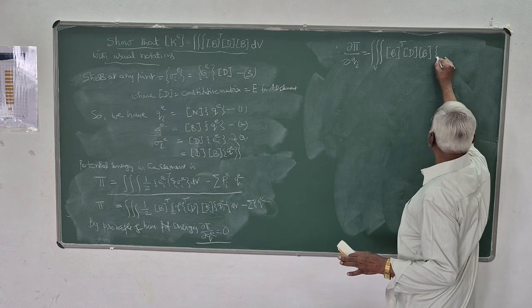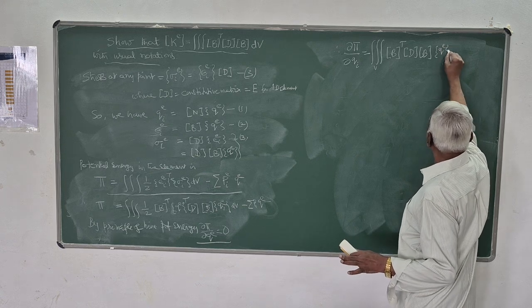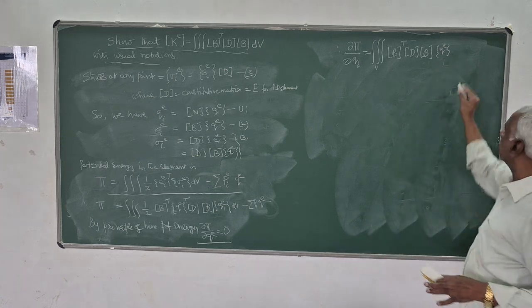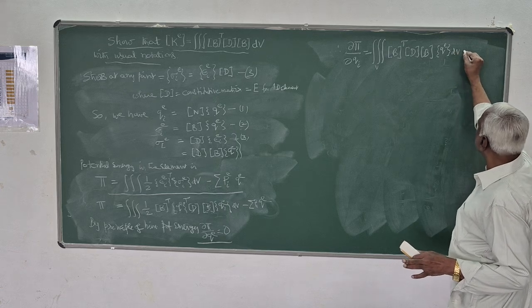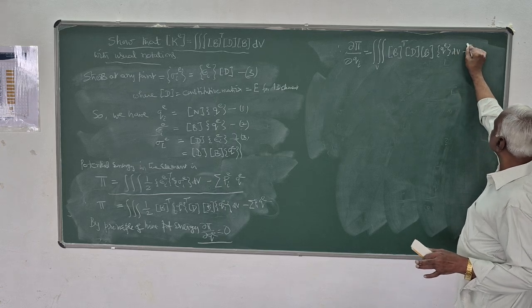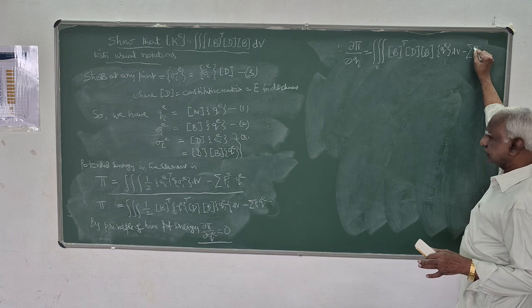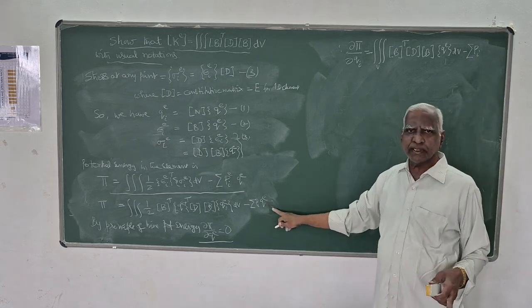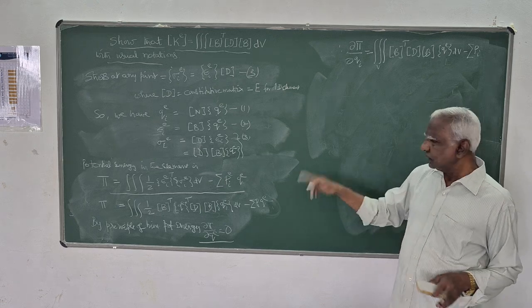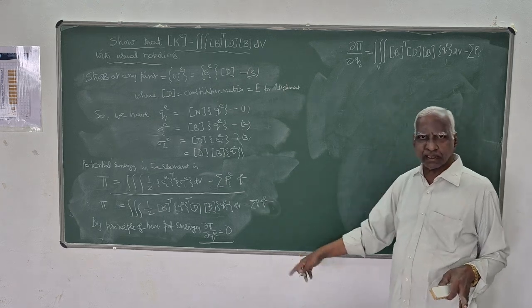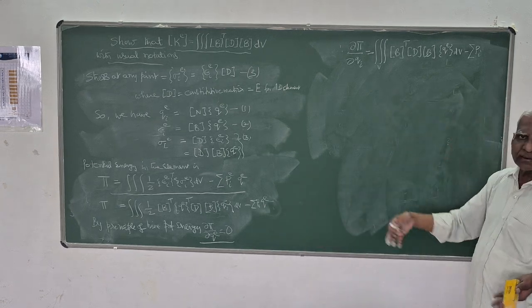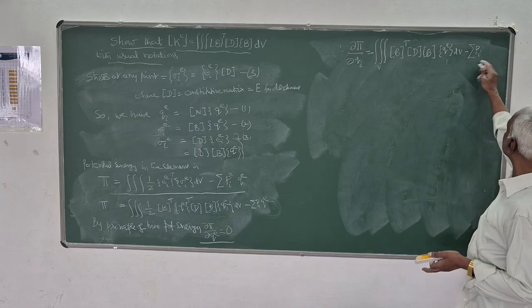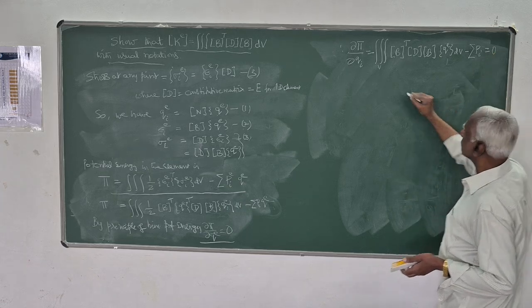So you have delta Pi by delta QE is this volume integral of BT D B dV, this remains same, into QE, minus sigma of Pi. The partial derivative of QE with respect to QE is 1. That is equal to 0.